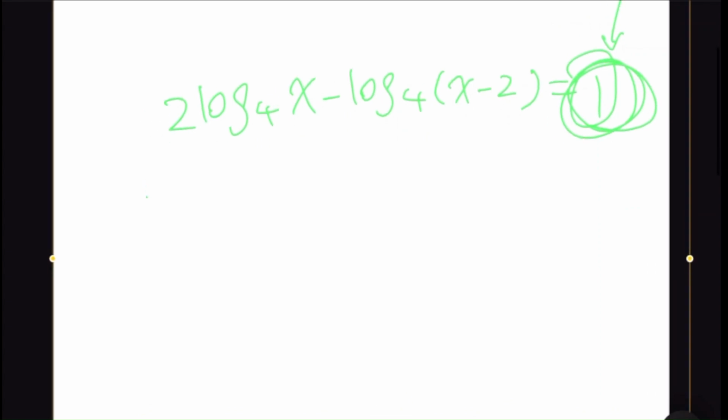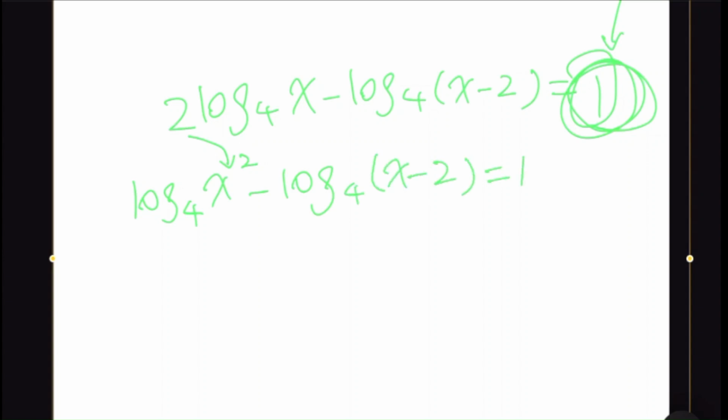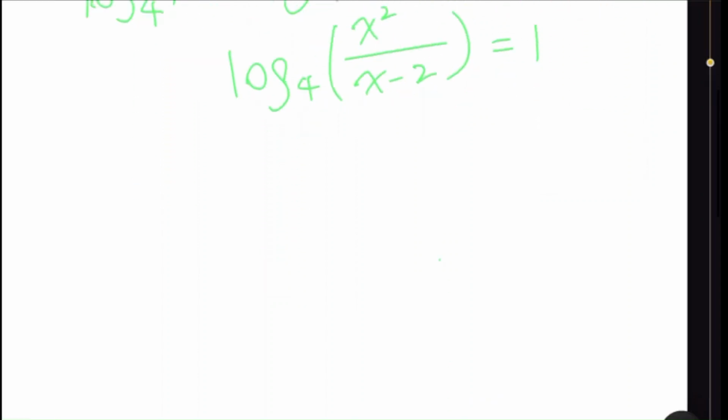I'm gonna just go through how to do this. We have log 4x, and the first thing we can do is move that x over, then minus that 2 equals 1. Using log laws, we arrive at x squared over x minus 2 equals 1.